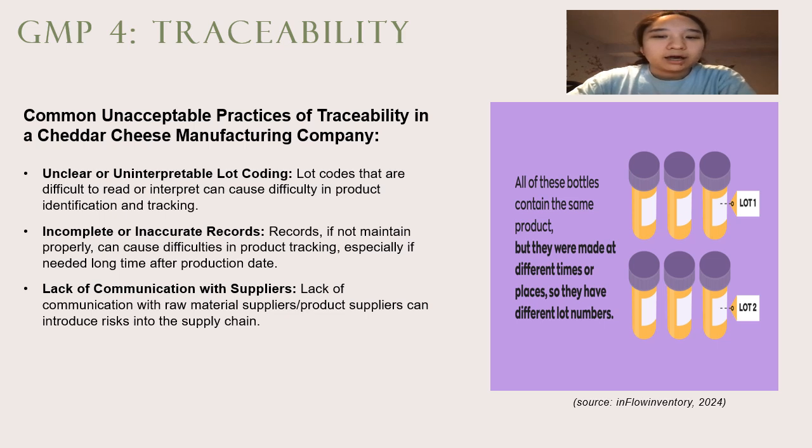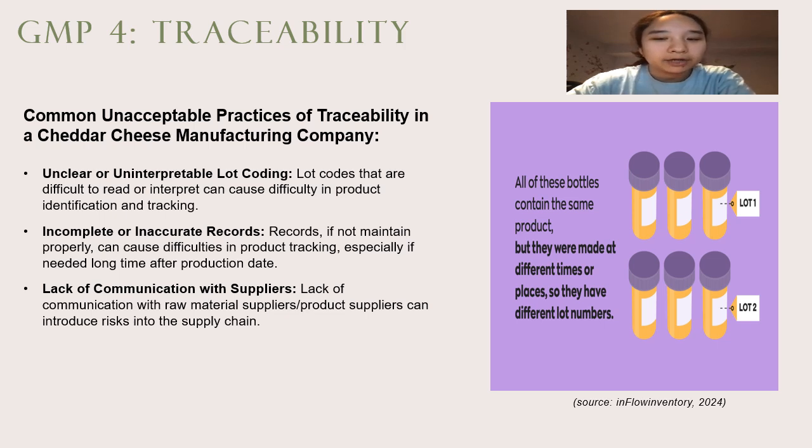The next unacceptable practice or deviation in traceability is unclear or uninterpretable lot coding. Lot codes that are unique but at the same time very hard to break down or interpret can cause difficulty in product identification and tracking.